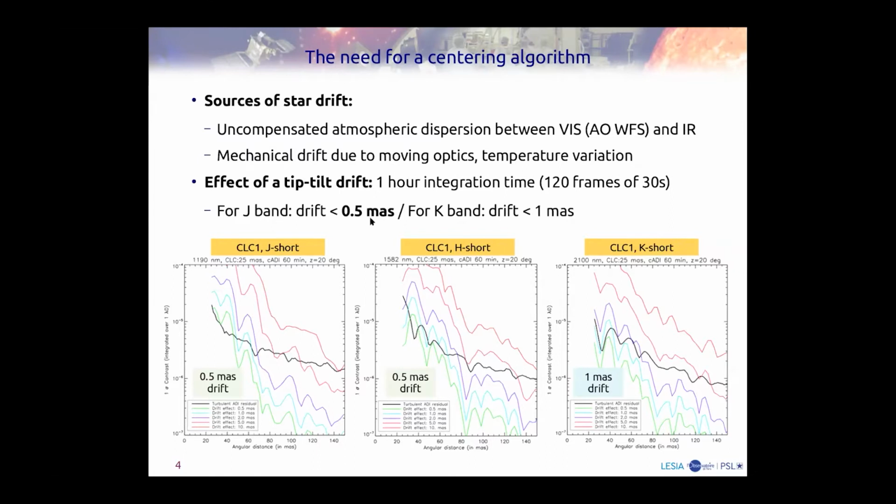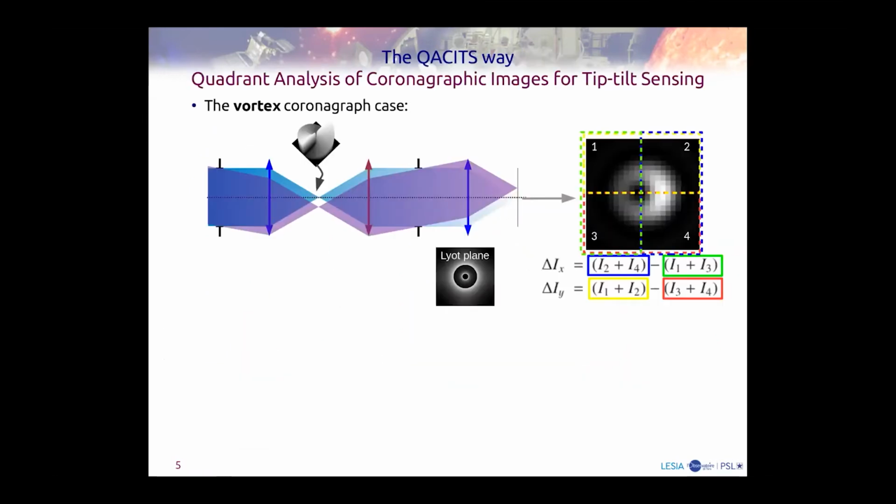So to achieve that, we've developed an algorithm that is based on the same principle as the Cassett's algorithm that's been developed for the vortex coronagraph case. So you may recognize the typical donut shape that you obtain in the case of the vortex coronagraph when there is a centering error. And the idea of this algorithm is to simply measure the flux asymmetry in this coronagraphic image in quadrants.